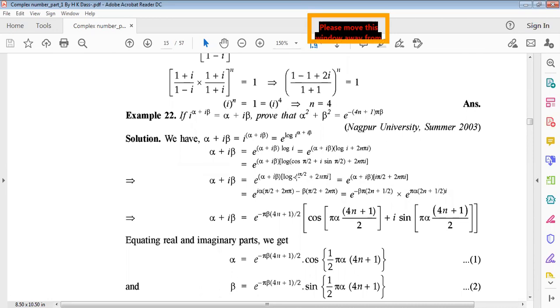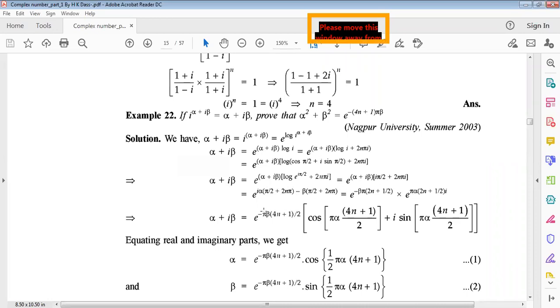Log e is cancelled, only i pi by 2 plus 2n pi i will be present here. This equals e to the power i alpha into pi by 2 plus 2n pi, minus beta into pi by 2 plus 2n pi. It is just multiplication of this with alpha plus i beta.